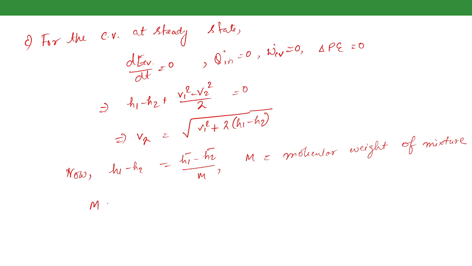The molecular mass of the gas is 0.8 into 44 plus 0.2 into 32. 0.2 is the mole fraction of oxygen, hence 0.2 multiplied by 32. 0.8 is the mole fraction of carbon dioxide, so 0.8 multiplied by 44, and it comes out to be 41.6 kilogram per kilomole.